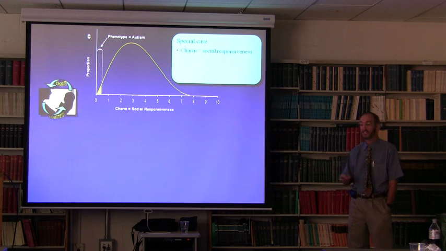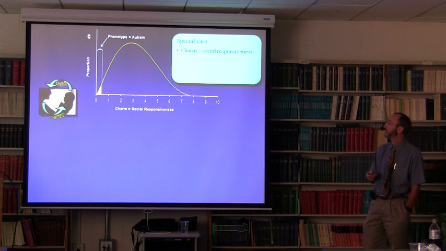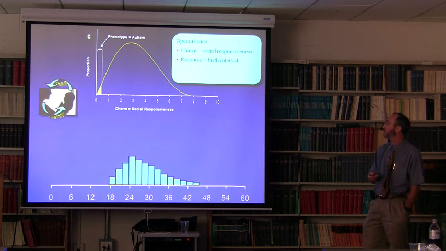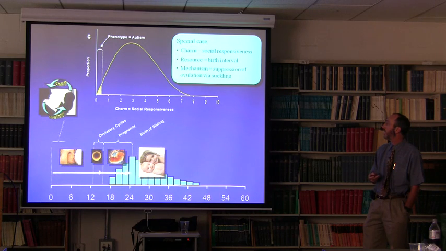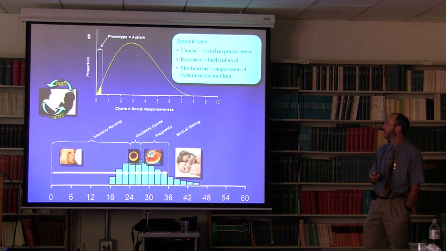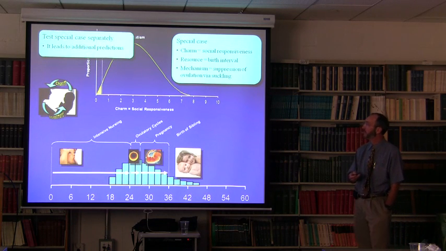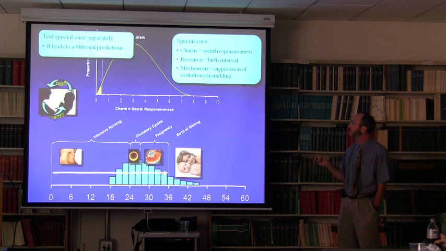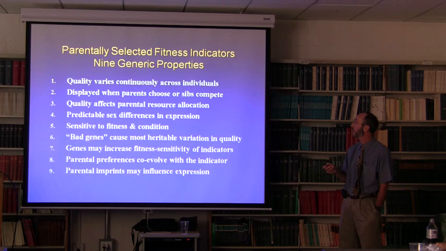The special case in which charm equals social responsiveness, the resource equals birth interval, and the mechanism equals suppression of ovulation via suckling, we can test separately because it leads to additional predictions.